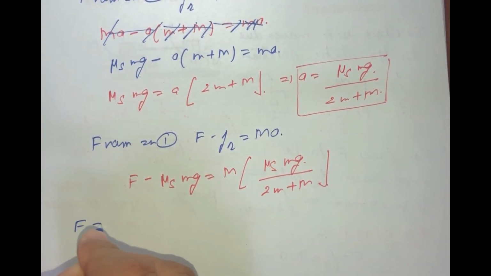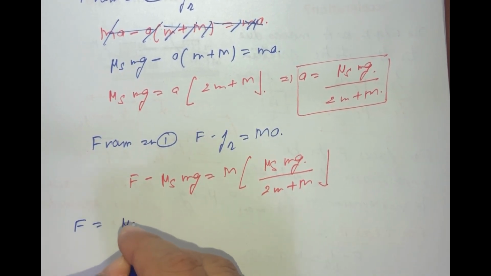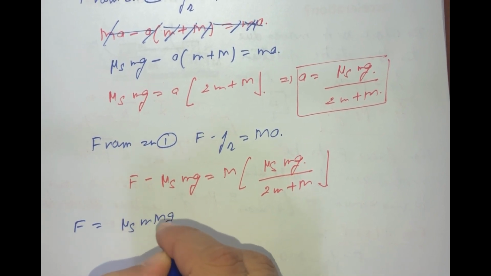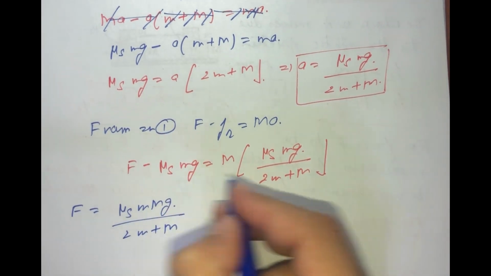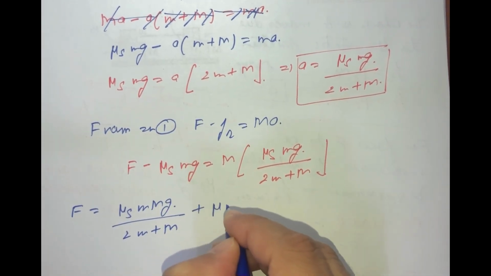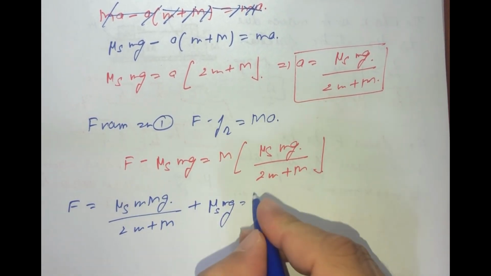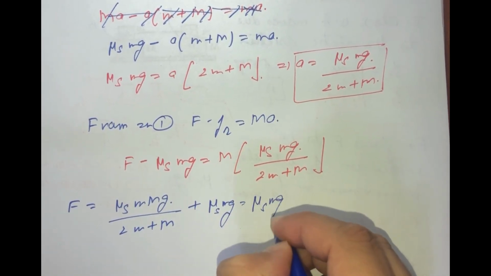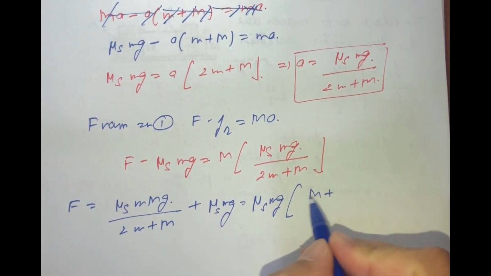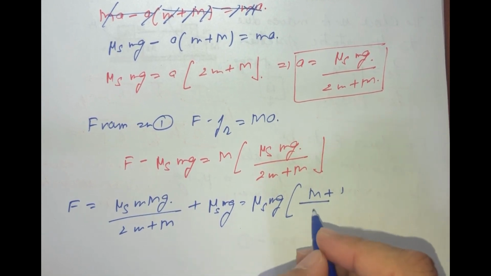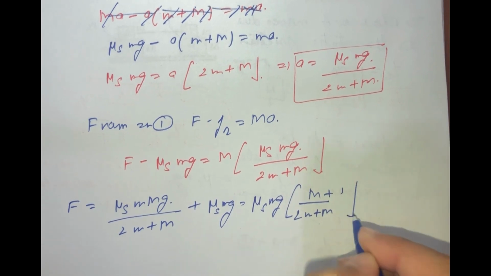So we can write this F is equal to, let us open the bracket, we get this as mu S m into capital M g divided by (2m plus capital M) plus mu S mg. We can take mu S mg as common. This will be mu S mg, and we are left with M divided by (2m plus capital M) plus 1.